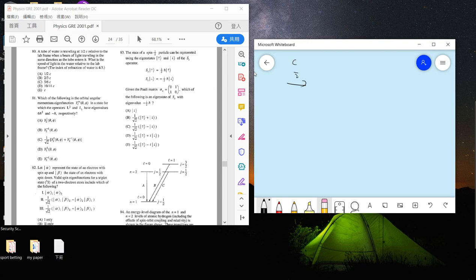So basically, you have a tube of water traveling at c/2 relative to the lab frame, with a beam of light traveling in the same direction as the tube.